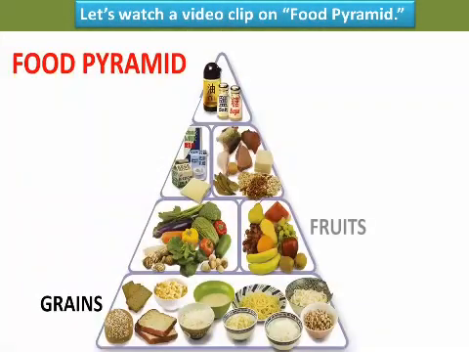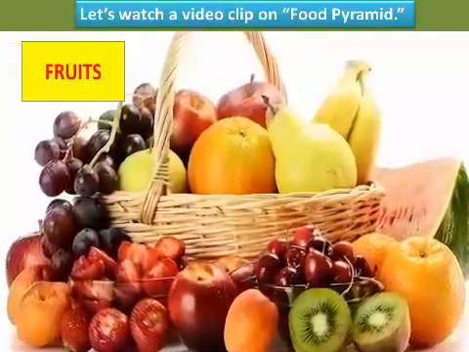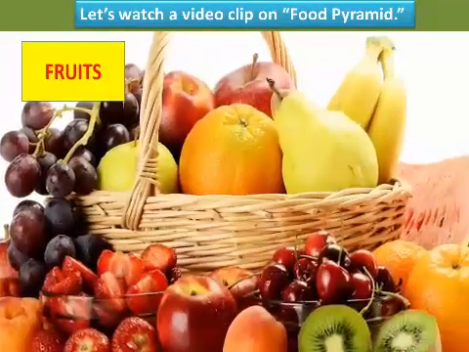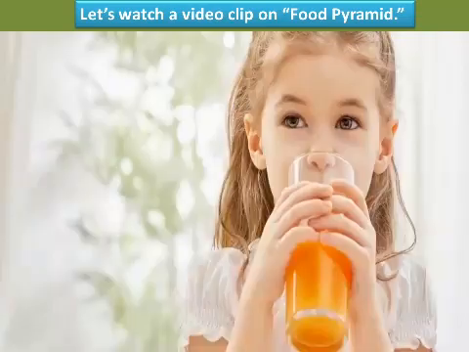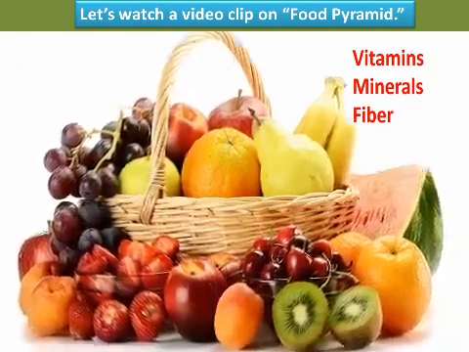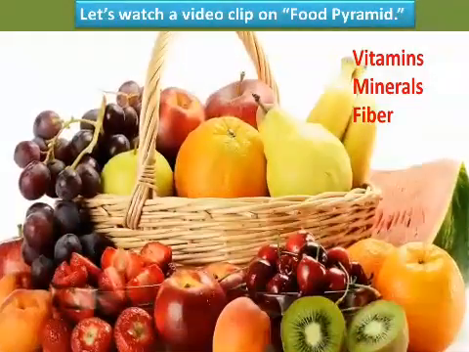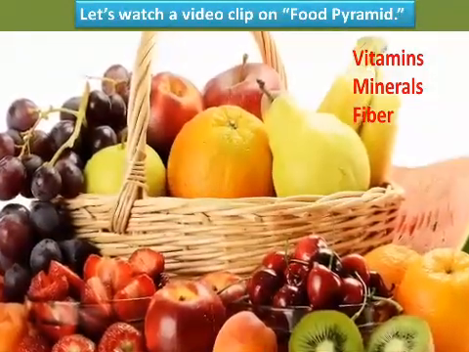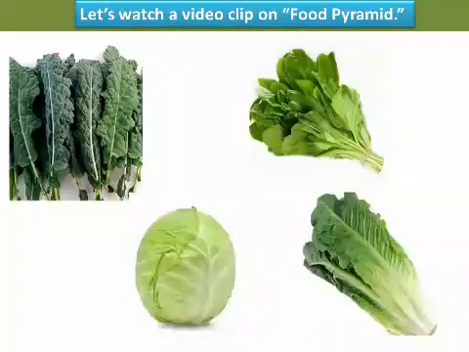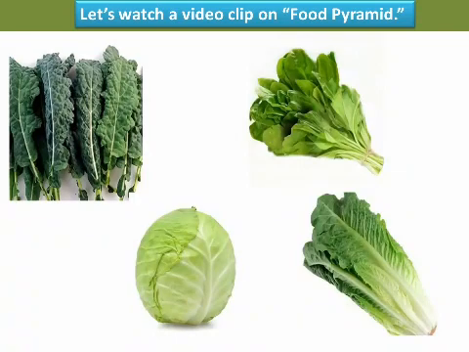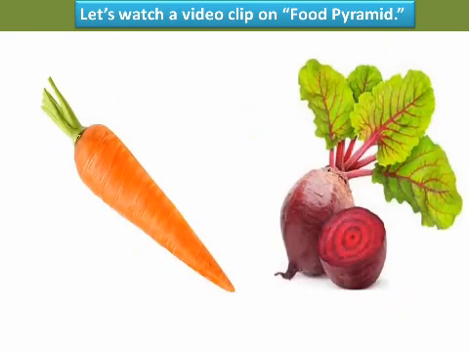Above grains comes the fruits and vegetables. Fruits. A balanced diet also includes plenty of fruits. It is better to eat whole fruit instead of its juice. Fruits are a good source of vitamins, minerals, and fiber. Vegetable. The vegetable group includes leafy greens, like kale, spinach, cabbage, lettuce. Red or orange vegetables, like carrot, beetroot.